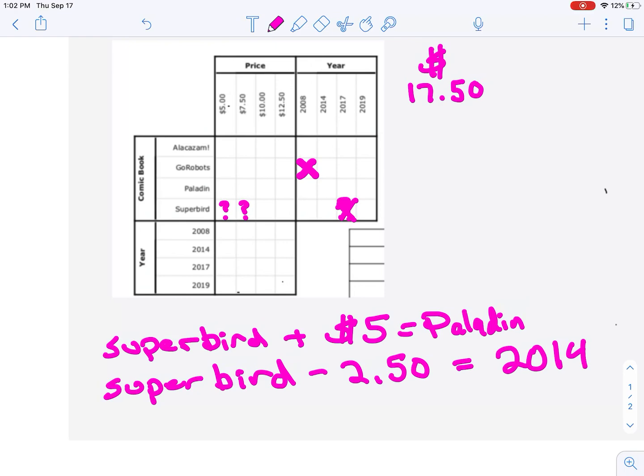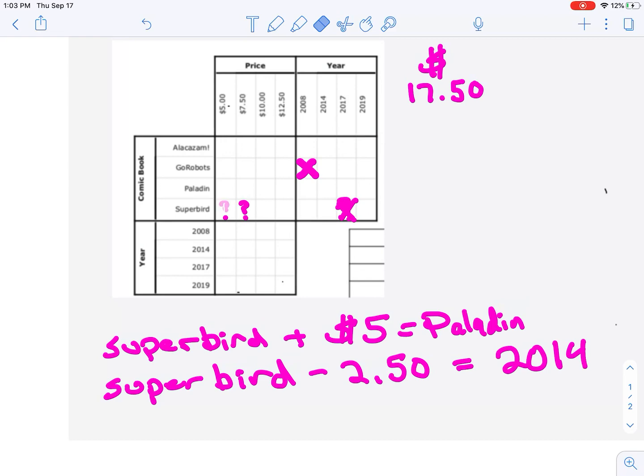If I take $2.50 away from $5, that would mean that this comic book from 2014 is $2.50. If I take $2.50 away from $7.50, I get $5. So what would make sense? Well, I can't have a comic book that's $2.50. So if Superbird was $5, this other comic book from 2014 would be $2.50, which is not an option.